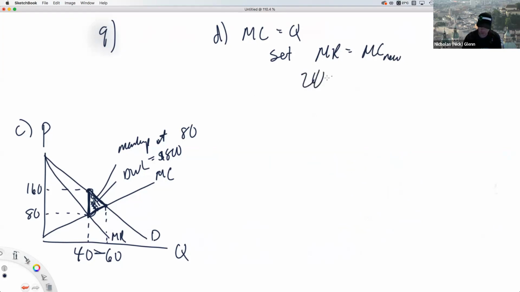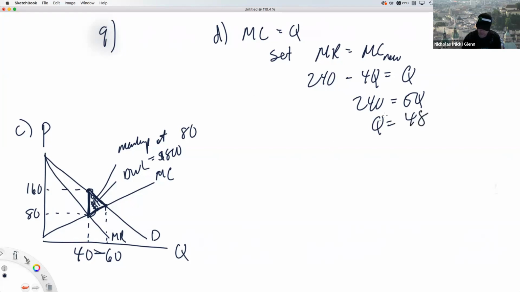And so that's $240 minus 4Q equals Q. So 240 equals 5Q, and the quantity is equal to 48. So what's this price? 240 minus 2 times 48. 144. That's the new price.